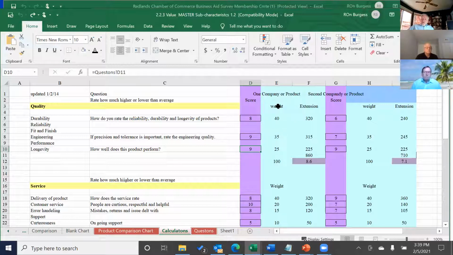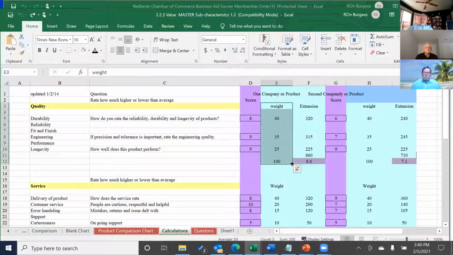And so here we have a way to put how important each of these questions is to the overall value on that particular question, or say the overall quality for a particular company.